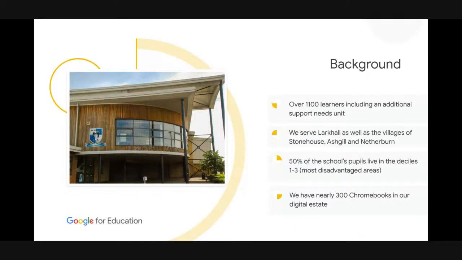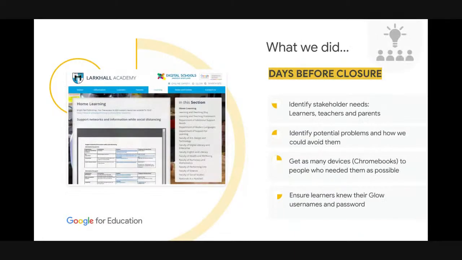So let me tell you a little bit about what happened in the days before closure. We obviously had a little bit of notice that we were likely going to be shutting, and that could potentially be for a bit of time. At that time, we didn't know how long it was going to be. So we started off by taking some time to identify who our key stakeholders were and what they were going to need from us, and whether there were any potential problems we could try and avoid before we got to that point in time.